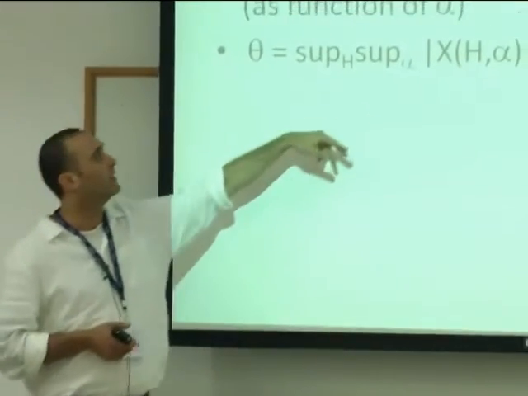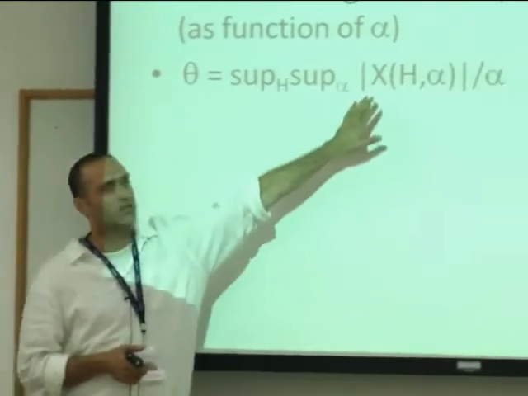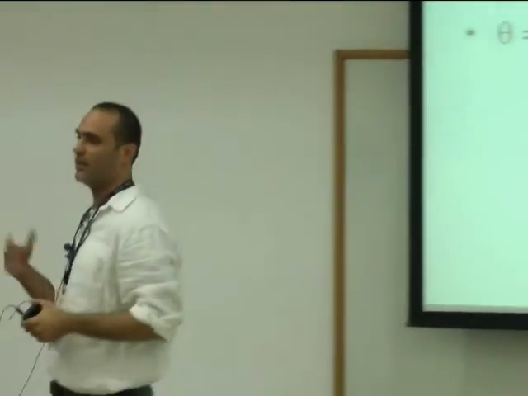Theta measures the rate of growth of the disagreement region as a function of alpha. The lower it is, the easier it should be to learn in terms of query complexity. And this is indeed the result. So theta is defined as the supremum over all alpha greater than 0. You take the supremum over all possible solutions H of the size of the disagreement region divided by alpha.